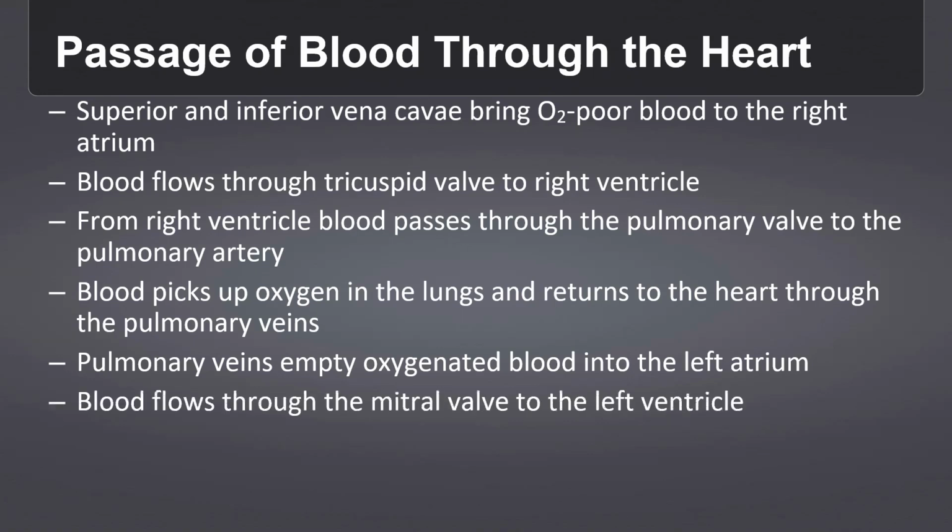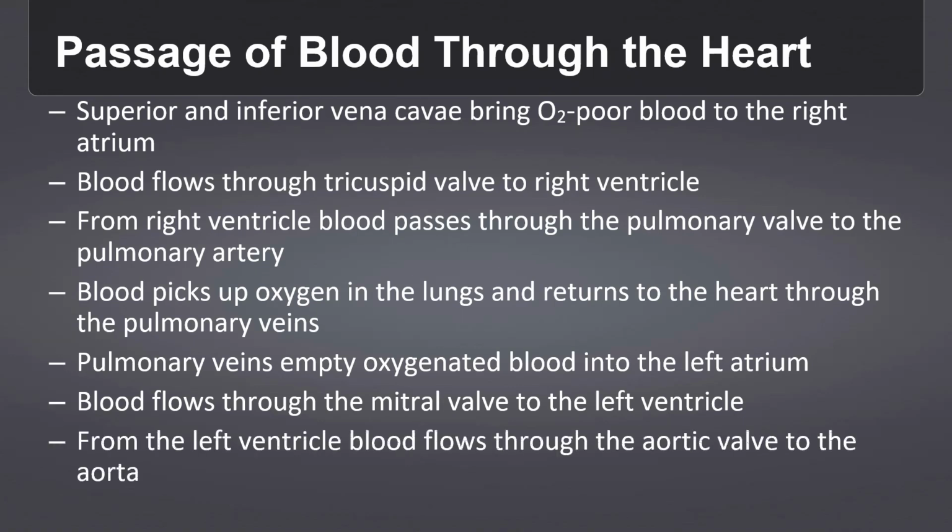It then passes or flows through the mitral valve into the left ventricle. And then the left ventricle has the blood flow through the aortic valve. Now that one's sort of tough to see, but you can see it there. It's sort of like a puckered up thing tucked up into the top left of the left ventricle, through the aortic valve and then to the aorta where it can go up.